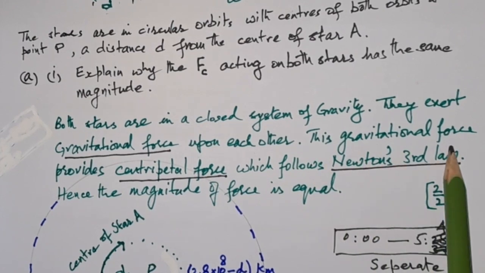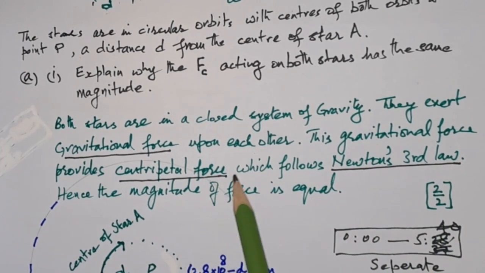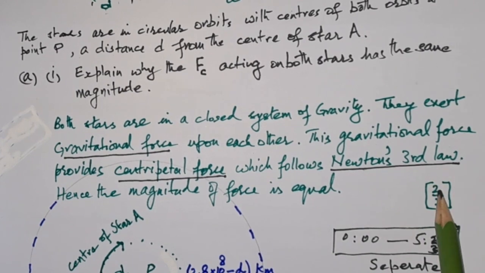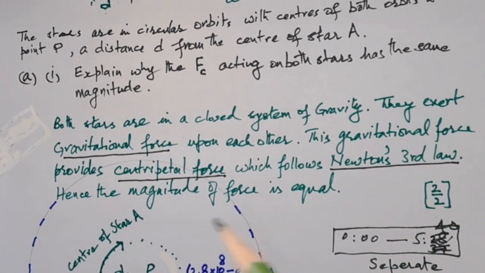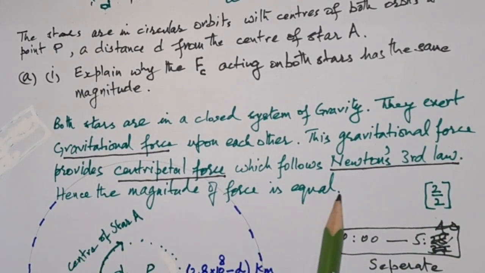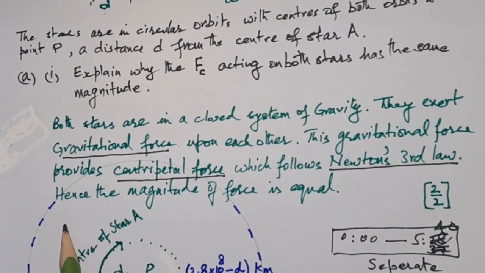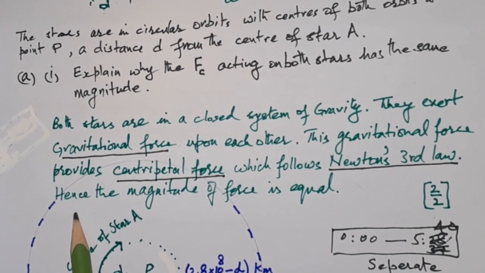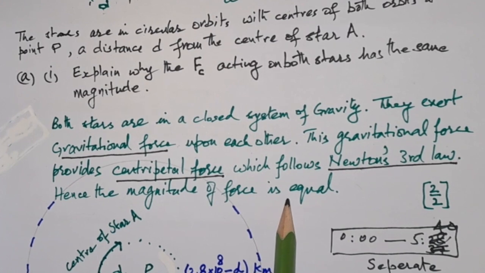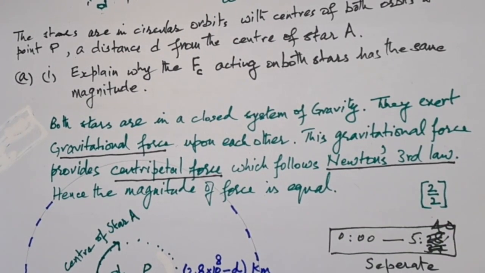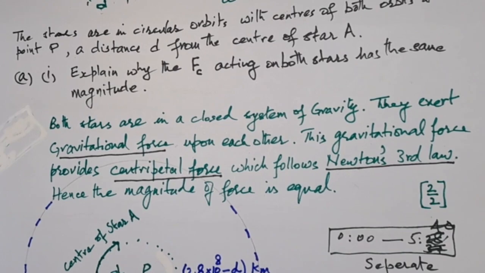This gravitational force provides centripetal force, which follows Newton's third law of motion, and you get 2 out of 2 marks. Even if you don't write this, we have already said it above, but you can write it down, keeping in view how much space is left. Hence the magnitude of force is equal and opposite, and you get those marks.